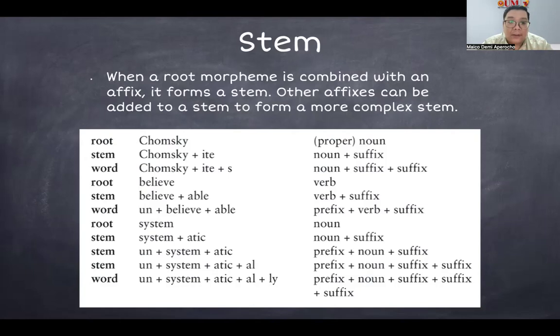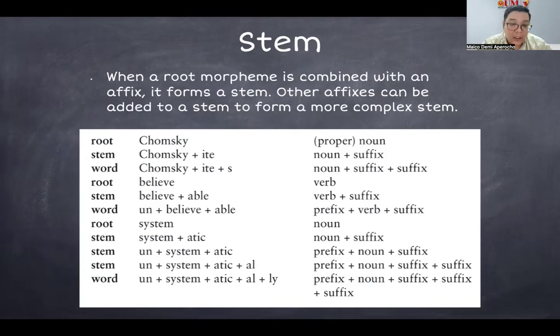So if you can see the pattern, it all starts with a root. That's the simplest form of the word being affixed to. And then the moment we add another affix, it becomes a stem. If it is not yet a final word, then it remains a stem. But the moment you add more affixes to make it a lengthy word, the process undergoes changes from being a root to becoming a stem and finally becoming a word.